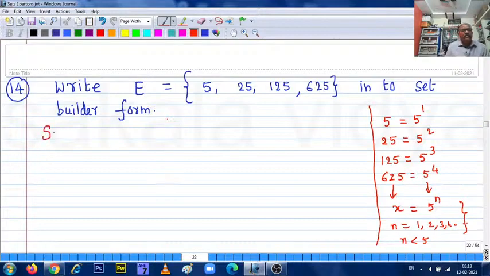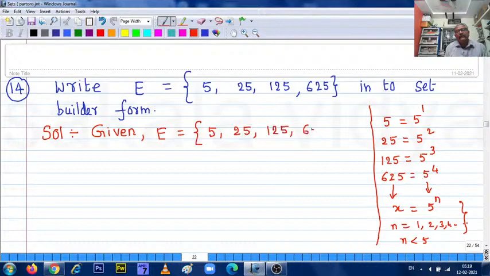So now the solution. Here given, E equals to 5 comma 25 comma 125 comma 625. So this can be written as powers of 5: 5 to the power of 1, 5 square, 5 cube, and 5 power 4.